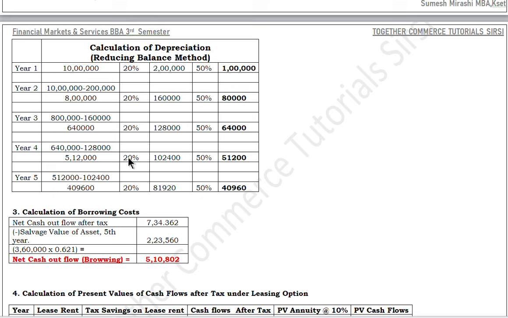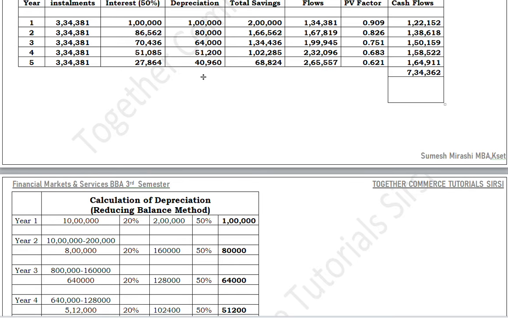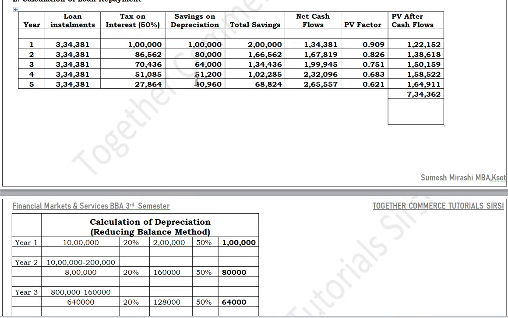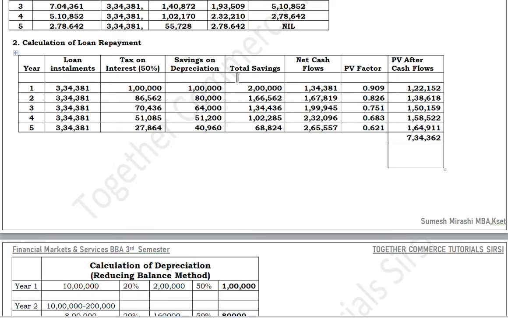On this you should calculate 20% depreciation, which comes around 1 lakh 2,400, and on that you should again calculate 50%, and that is written here. So this is how you should calculate the depreciation column. Then the next column is easy, it is simple. This is total savings. In this total savings, let me give the column numbers, it will be easy to understand.